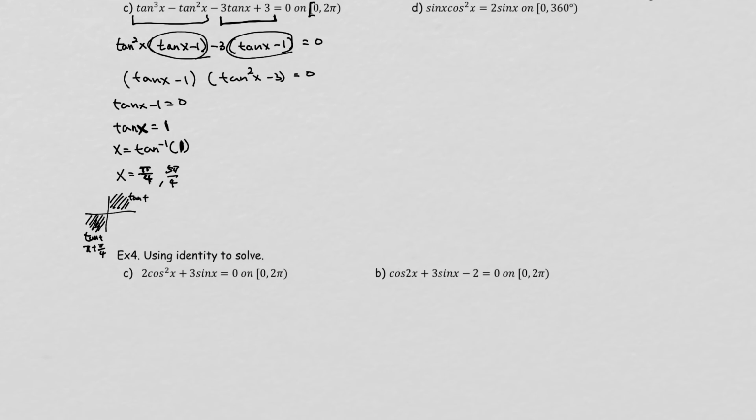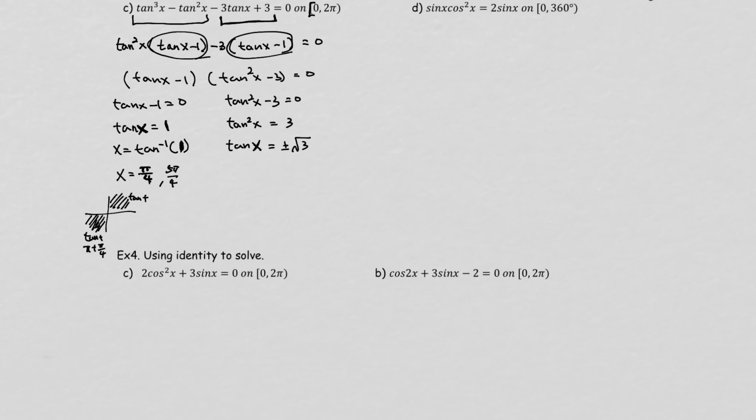Let's work on the other one. Tangent square x minus 3 equals 0. When you isolate tangent square x by itself, you get equals 3. When you square root each side to get rid of the square, you get plus or minus square root of 3.